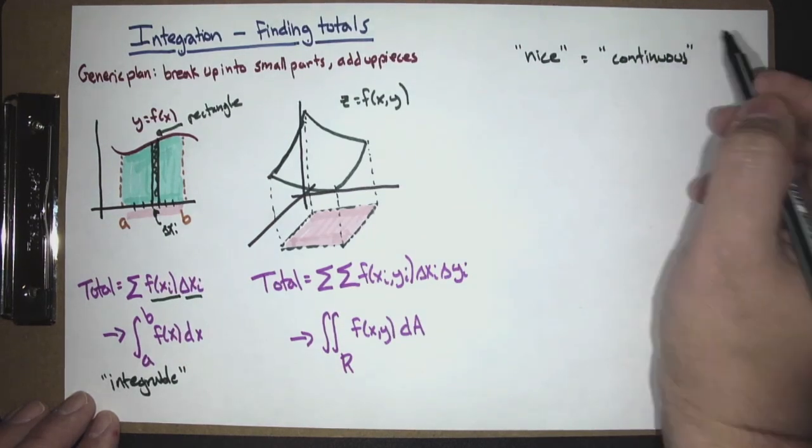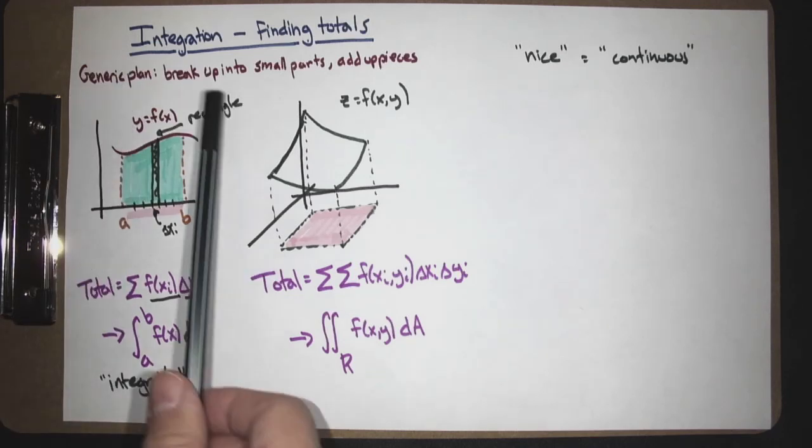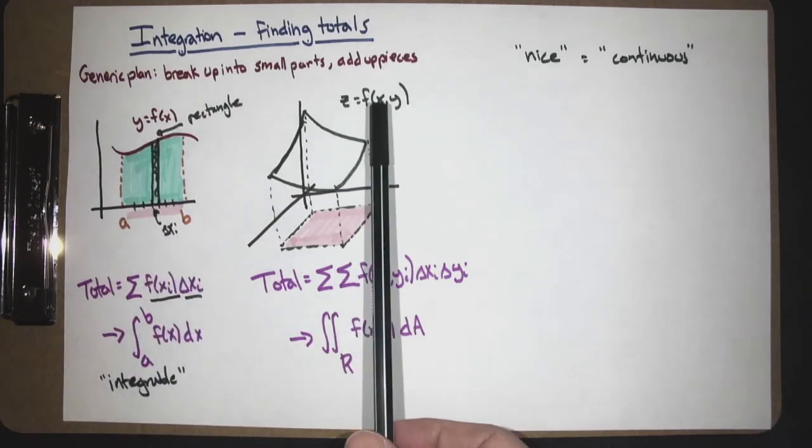Now, you can be slightly discontinuous, but more or less, if you're continuous, you're nice. That's how you should think of it. Okay, so that was the old us. What about the new us? Well, we'll start with a very simple case. So now we have not one input, but two.